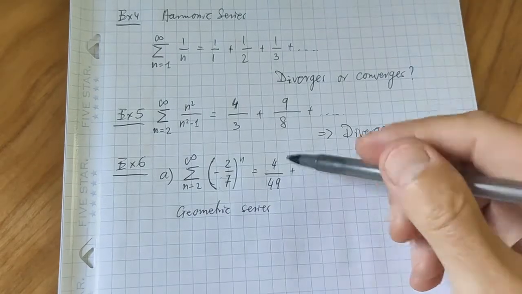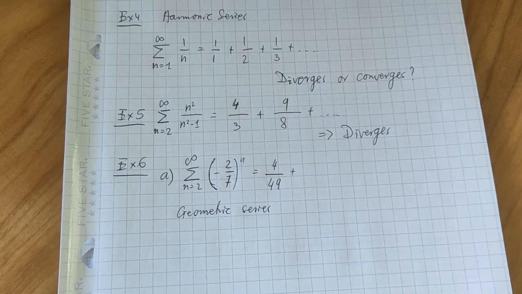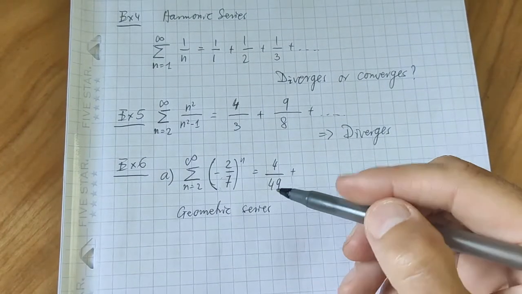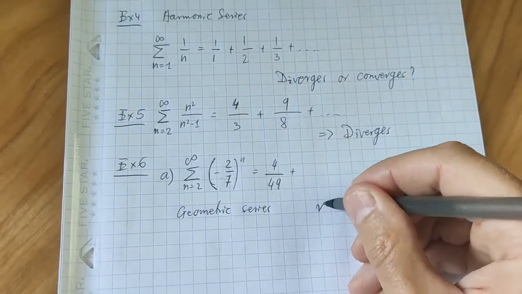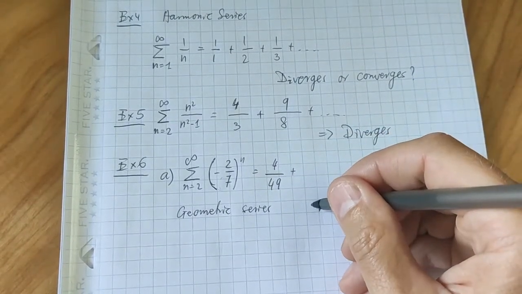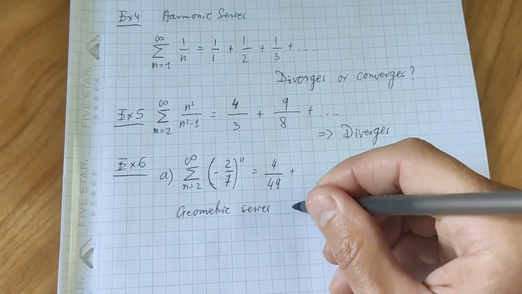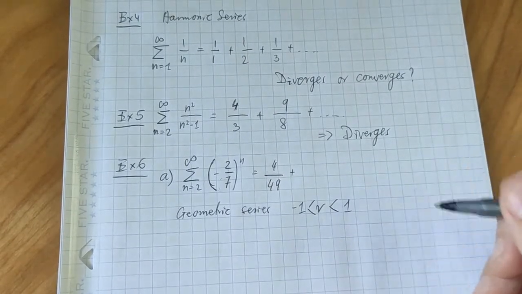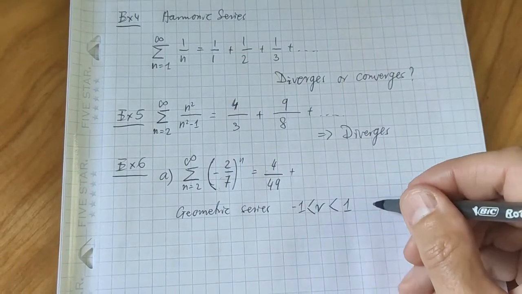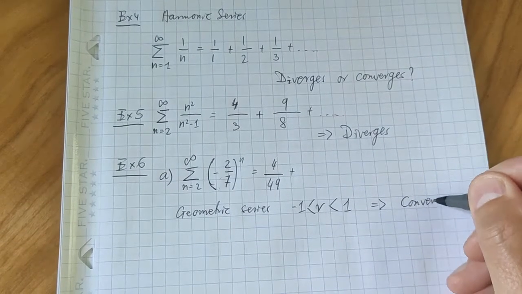But based on the theorem I just gave you, we cannot tell. But we can tell from the fact that this is a geometric series, and that r was supposed to be between negative 1 and 1, and it is. So our conclusion is that the series converges.